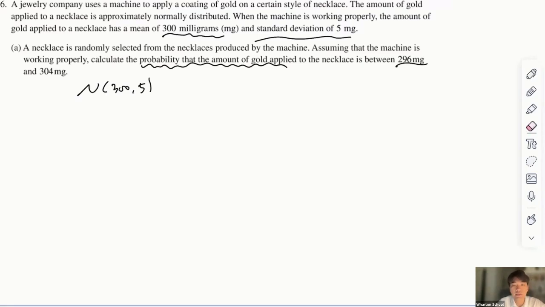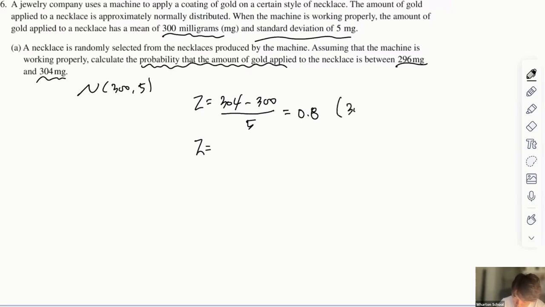Let's first get the z-score of 304. The z-score of 304 is 304 minus mu, the mean, over the standard deviation 5, which gives us 0.8. And the z-score for 296, 296 minus mu over the standard deviation, is negative 0.8.